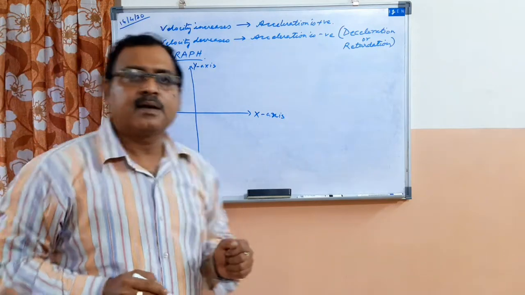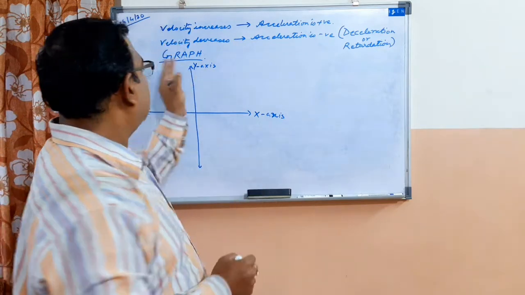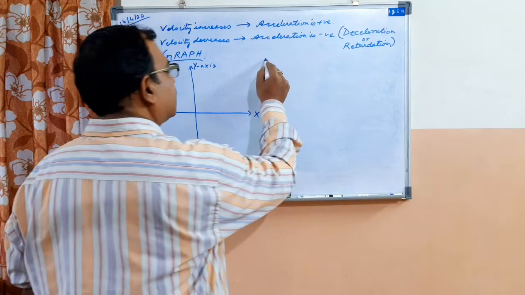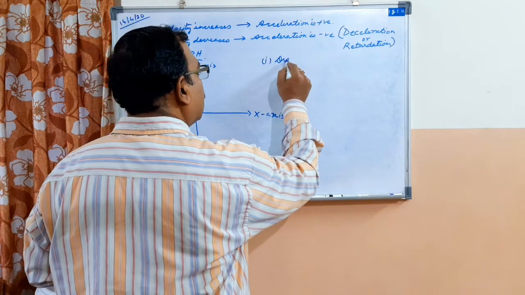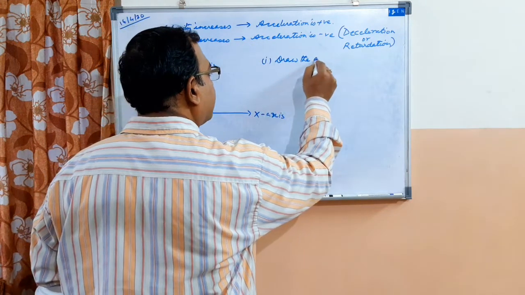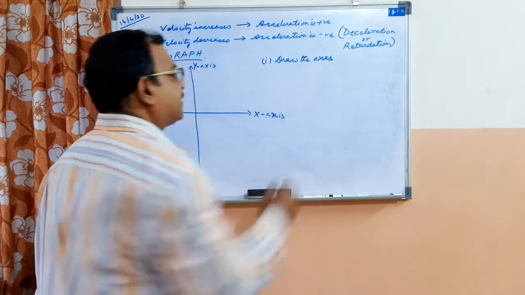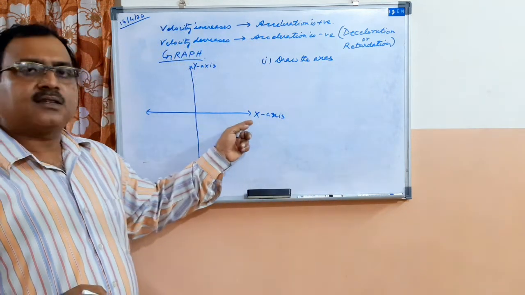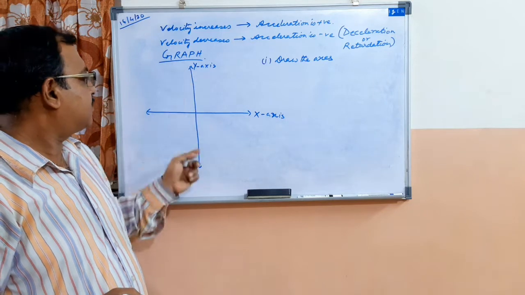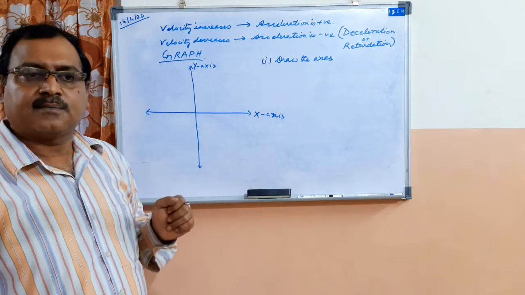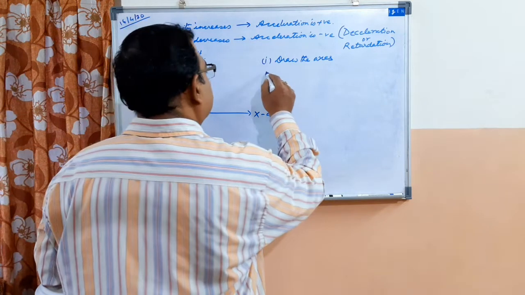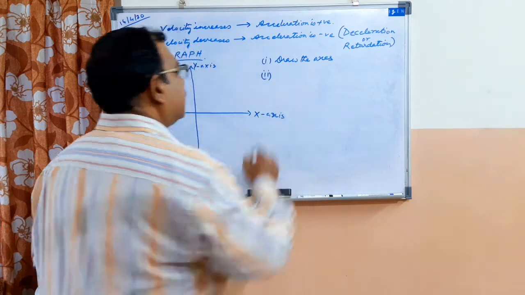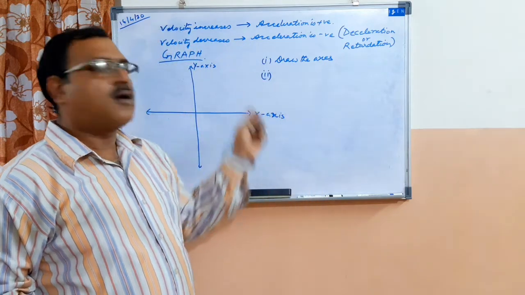Right? So first, in drawing graph, you have to draw the axis. One is x-axis, which is the horizontal axis. One is the y-axis, which is the vertical axis. Here axis is the plural form of axis.